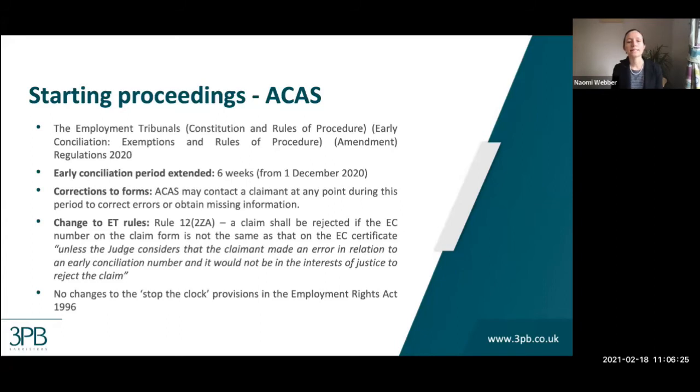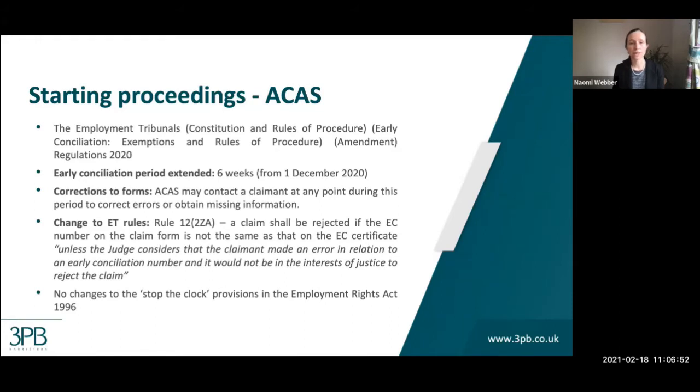And the third point is a change to the Employment Tribunal Rules themselves. You may be aware that Rules 10 and 12 provide for scenarios where a claim form will be rejected, usually for missing information. Rule 12.1c provides that a judge shall reject a claim form where it doesn't contain an ACAS conciliation number.